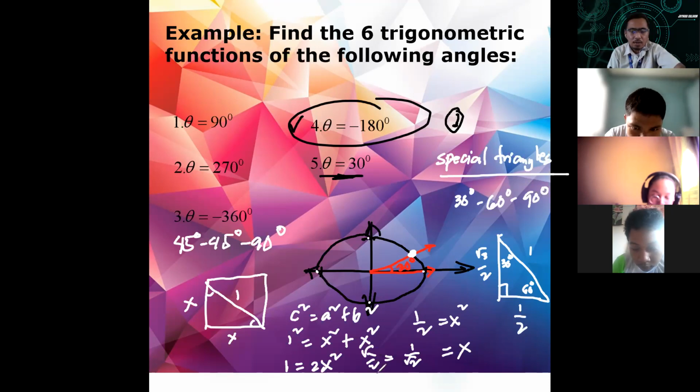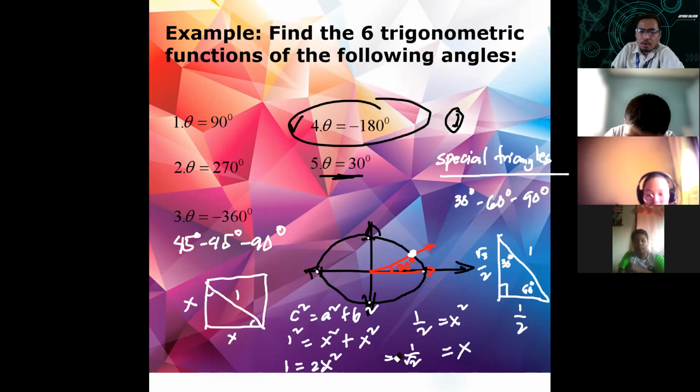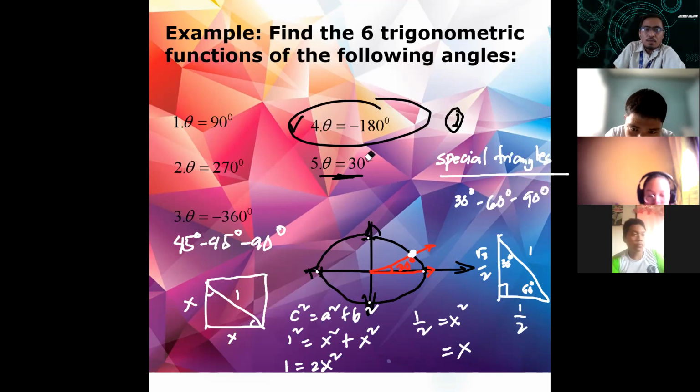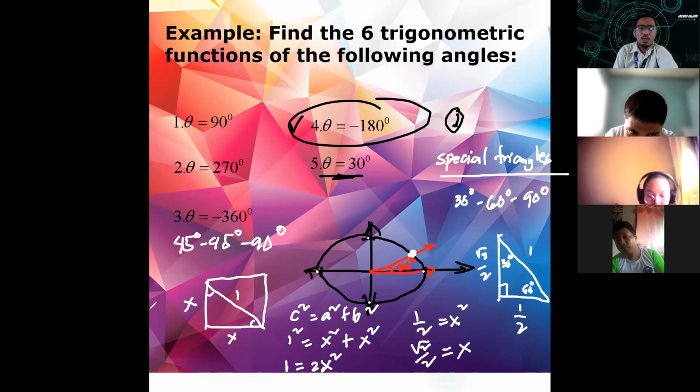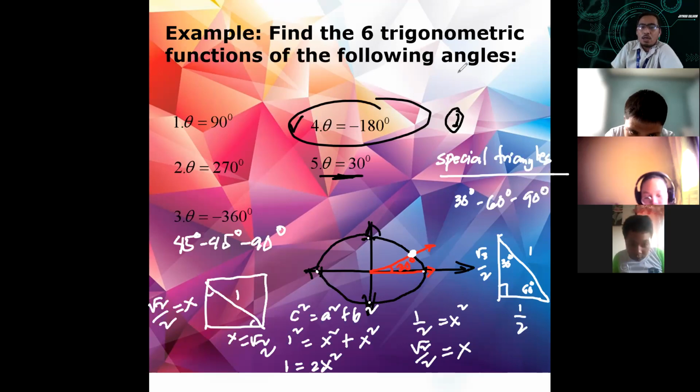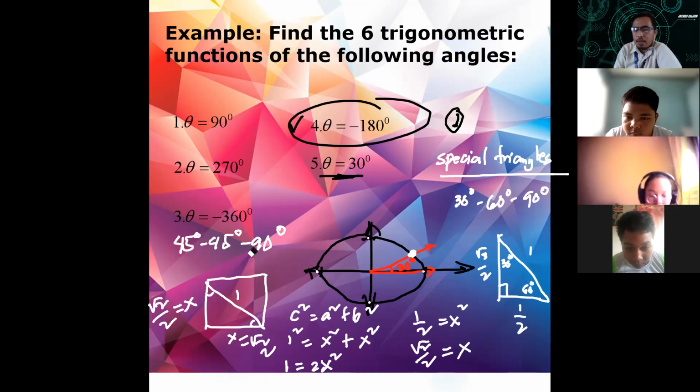And I think you know it already. So the answer for x is square root of 2 over 2. Therefore, if you are going to determine your 45, 45, 90 degrees triangle, you just have to remember this one.